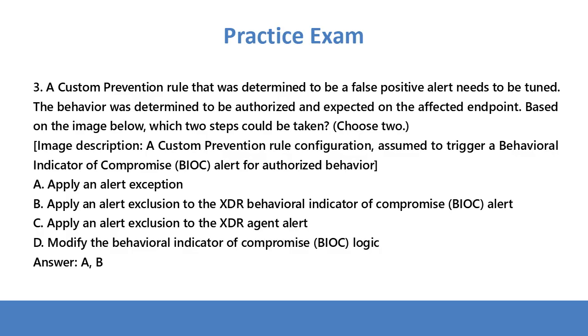A. Apply an alert exception. B. Apply an alert exclusion to the XDR behavioral indicator of compromise, BIOC, alert. C. Apply an alert exclusion to the XDR agent alert. D. Modify the behavioral indicator of compromise, BIOC, logic. Answer: A, B.